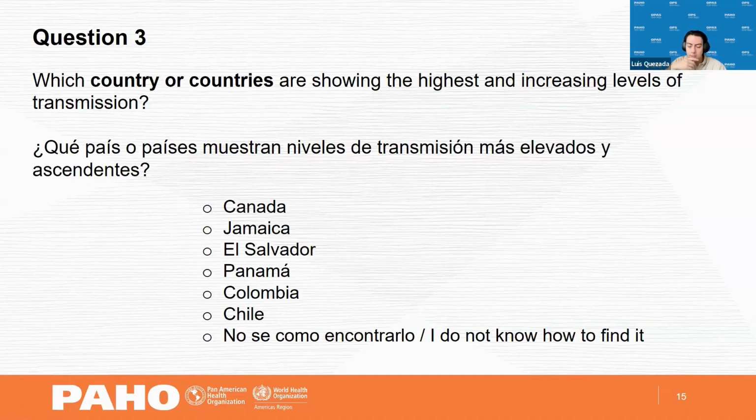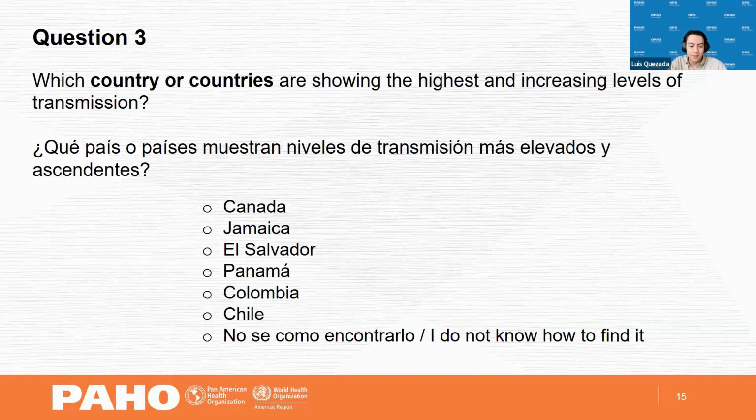We need to find levels of transmission, which could be high, as a country. Remember that we have a side of the dashboard that enables us to identify the category and the level, and we need to find the ascending trend countries over the last epidemiological weeks.